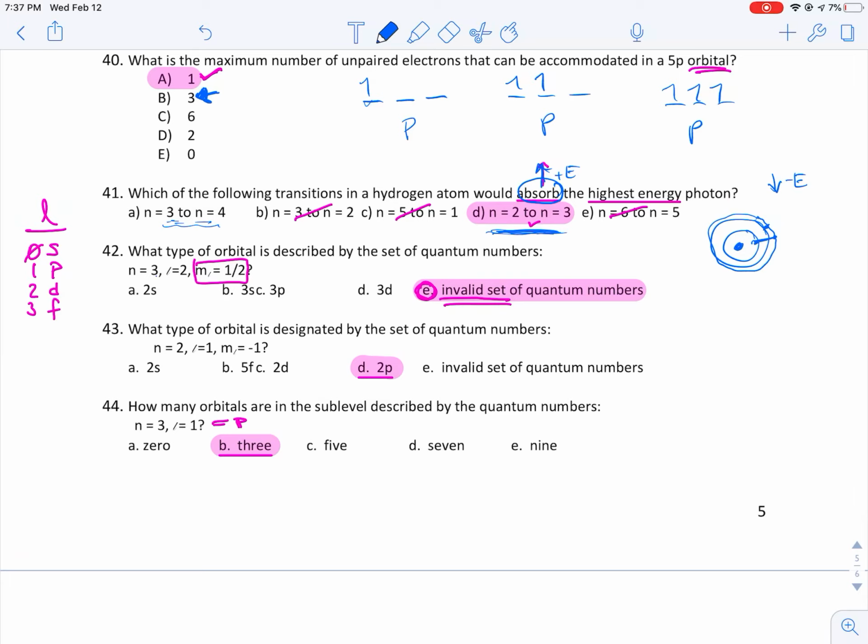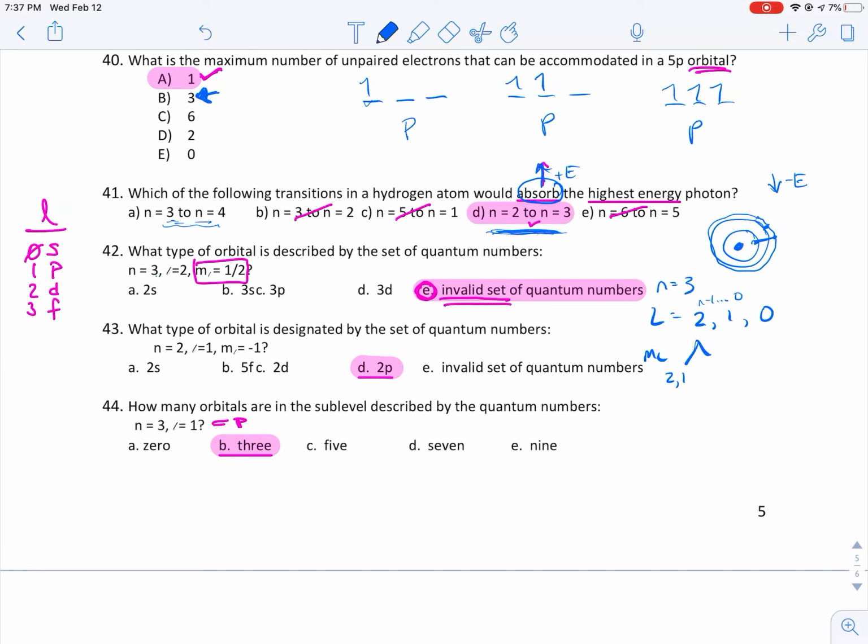So what on earth could be invalid about this? Well, if you have n equals 3, that means your L is n minus 1 all the way down to 0. So it could be 2, 1, or 0.